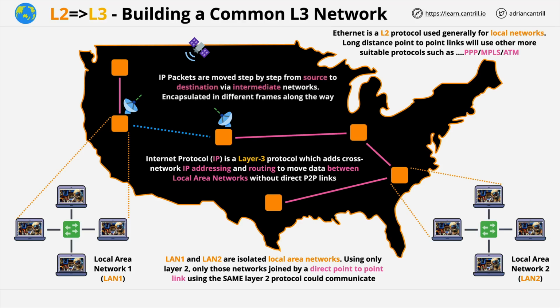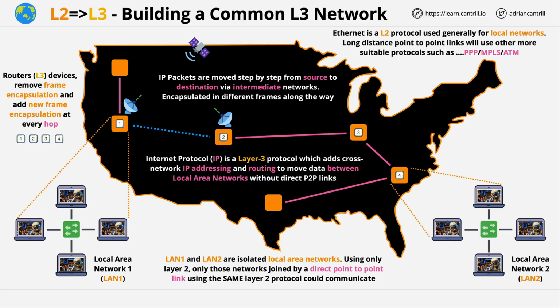IP packets are moved from source to destination across the internet through many intermediate networks. Devices called routers, which are layer 3 devices, move packets of data across different networks. They encapsulate a packet inside of an Ethernet frame for that part of the journey over that local network. Now, encapsulation just means that an IP packet is put inside an Ethernet frame for that part of the journey.